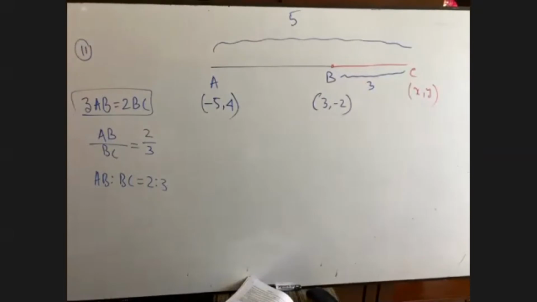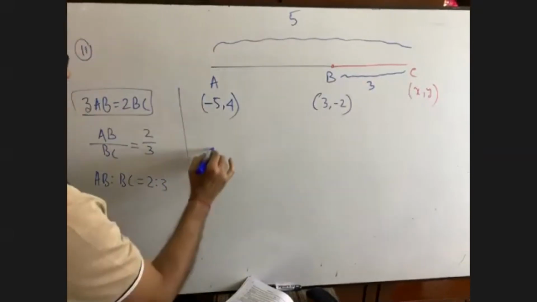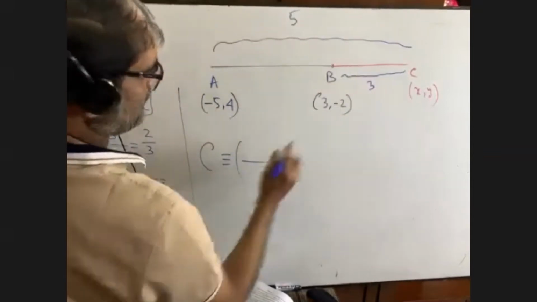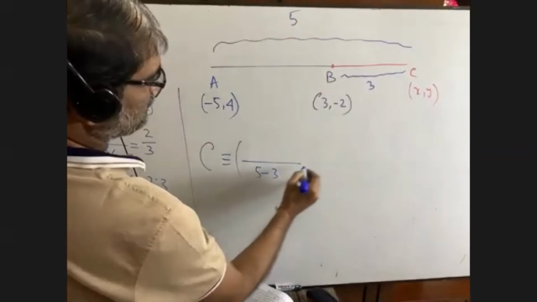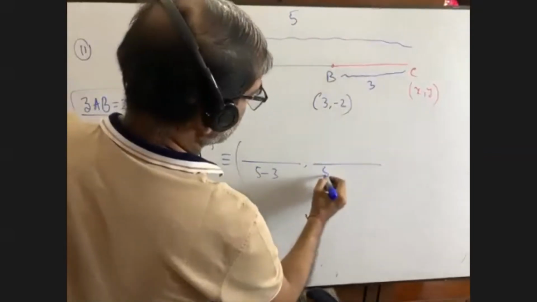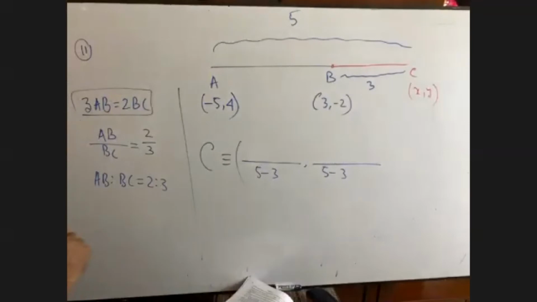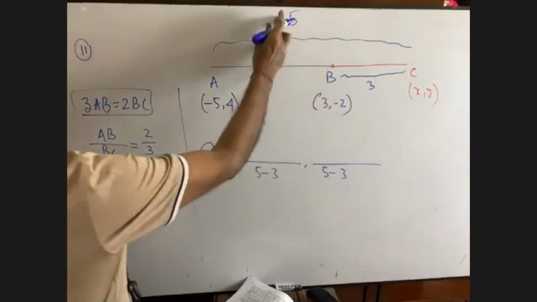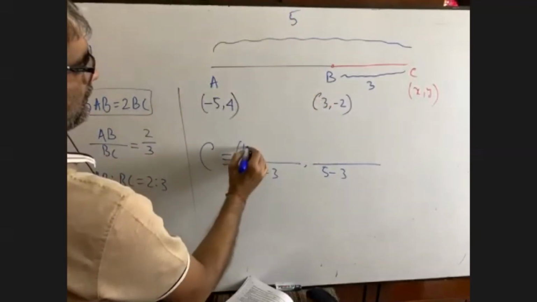Okay? So we can write down C is equal to, by 5 minus 3, 5 minus 3, again 5 minus 3. Am I right? Yes, sir. 5 into 3. Let me know. Go with me. 5 into 3, what? 15.